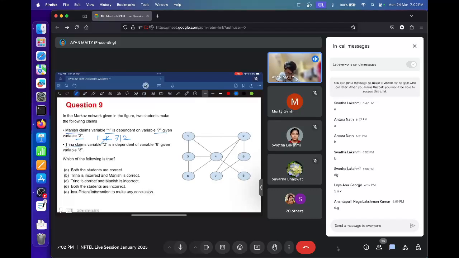Trina says variable 2 is independent of 6 given 3. So these are the two claims. Now you have to check which of these claims is or are correct. And again, this is an undirected Bayesian network, so edge directions are not given, and you don't need to consider edge directions.